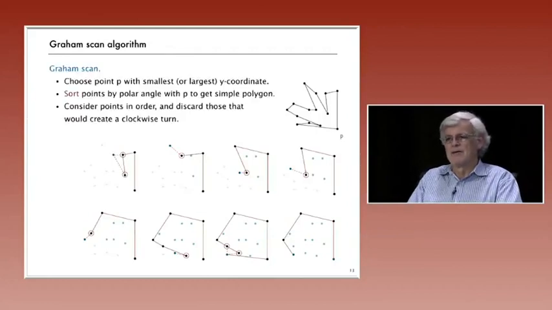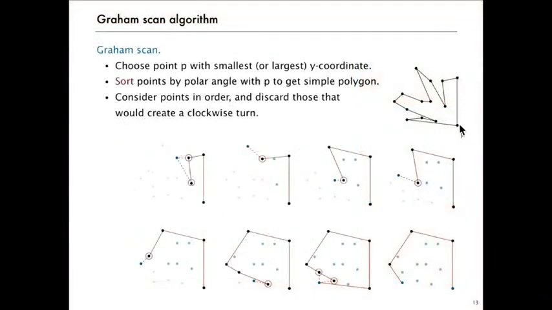This is a diagram that shows the Graham scan algorithm, which we won't go through in detail, but it's pretty intuitive. What we do is we pick a point, one over in the corner, maybe the smallest y-coordinate point, and then sort the points by polar angle swept out by that coordinate.